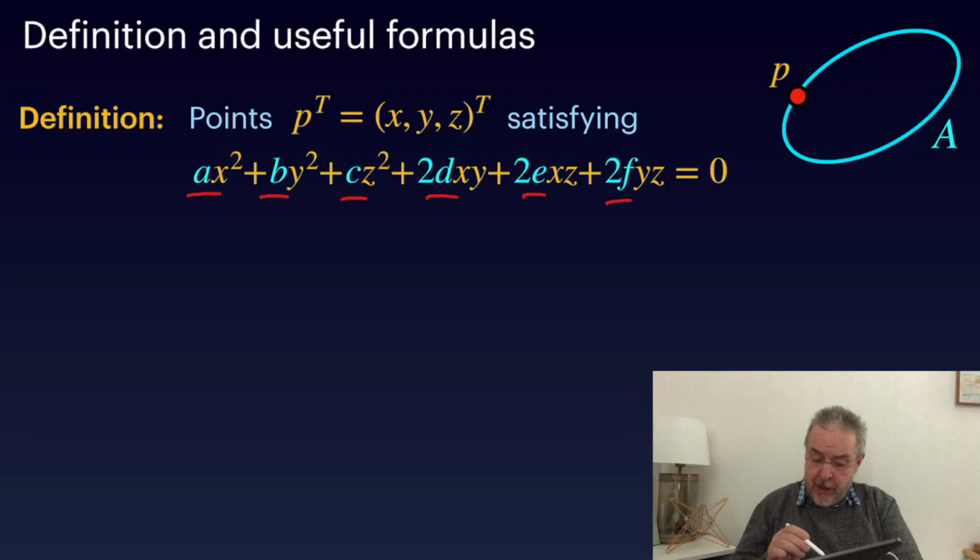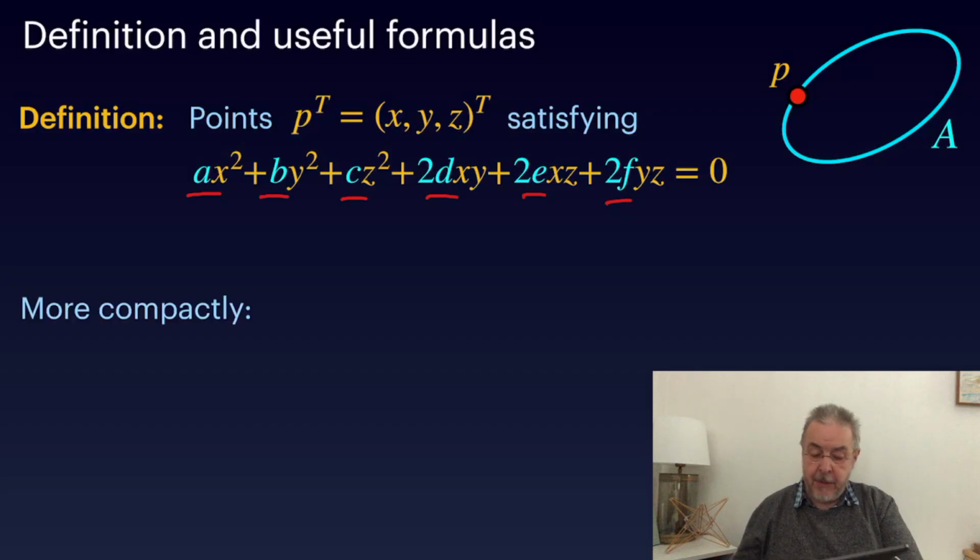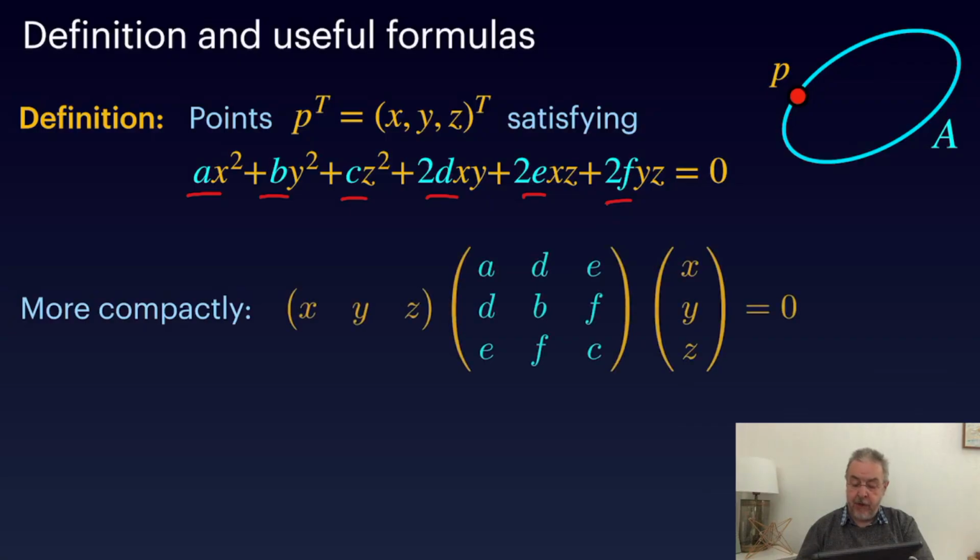So you may have wondered why I have written a 2 in those spots here, and this miracle resolves if you look at a different representation of the conic, and one that we will deal with in most of the cases. We will write this equation as a quadratic equation in vectors and matrices.